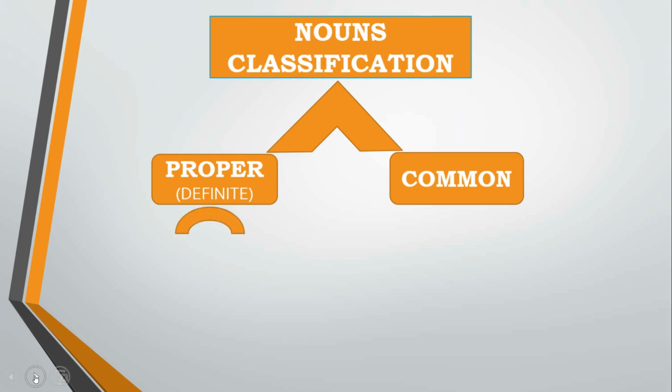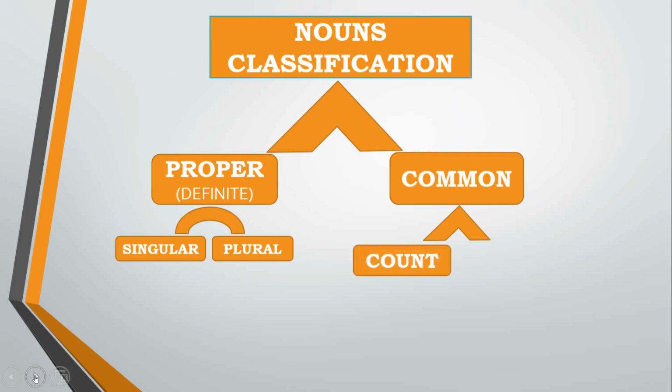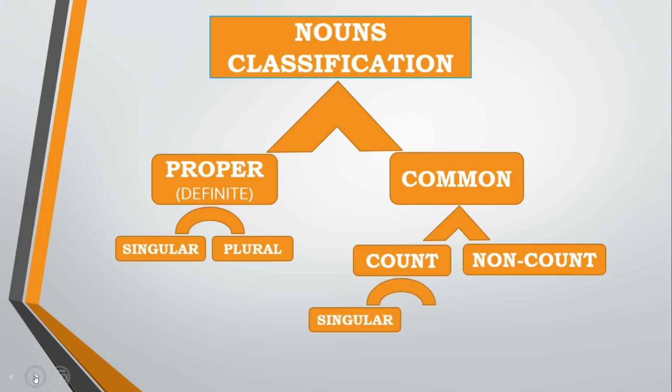And they can further be divided according to their singularity or plurality. Common nouns can be further divided according to their countability: count nouns, if you can count them, like 1 chair, 2 chairs, 3 chairs, and non-count nouns, like salt or sugar. You can't count that, right? Furthermore, we can say a count noun can be singular and can be plural.